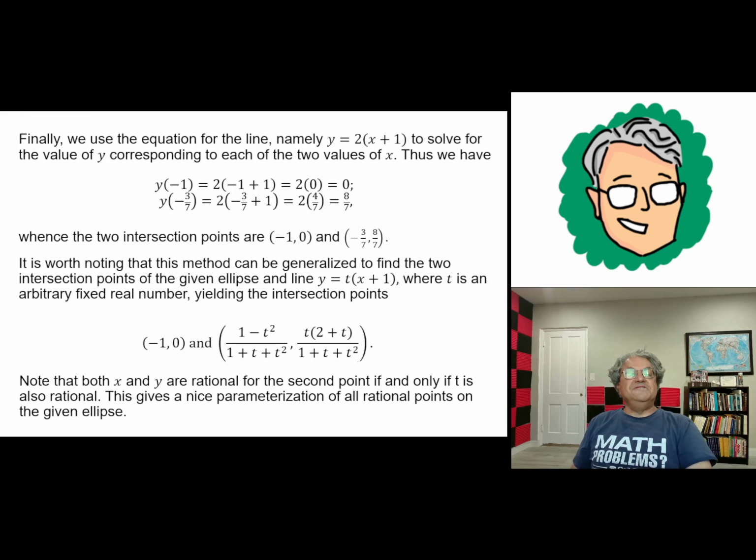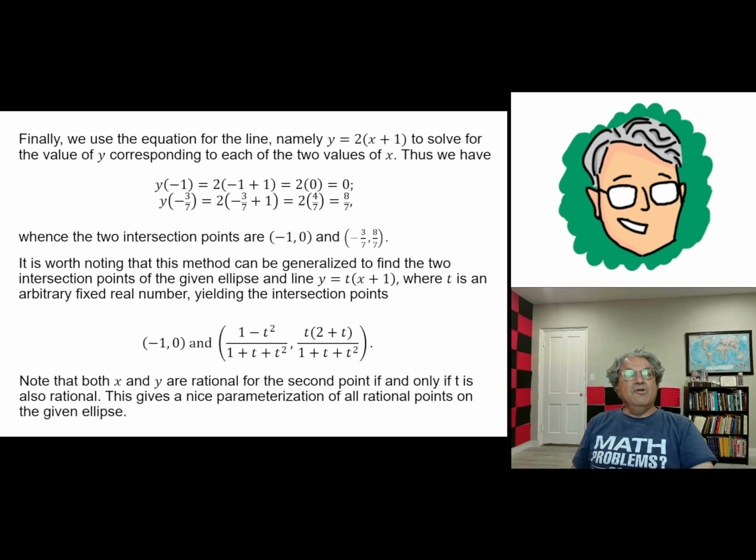I'm not going to go through the details here, but if t is m over n, and you simplify it in terms of m and n, I guess you would get (n squared minus m squared) over (m squared plus mn plus n squared) for x, and for y you get m times (m plus n) over the same thing, m squared plus mn plus n squared.